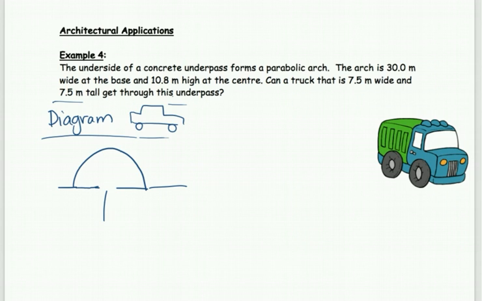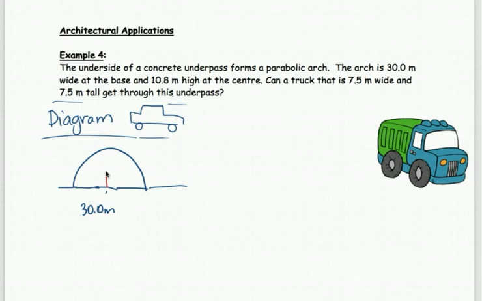And so basically what you're doing here is trying to figure out if you can get this truck through here. So we have an arc that is 30 meters wide. Okay, so we know it's 30 meters wide, and we know that it's 10.8 meters high at the center.